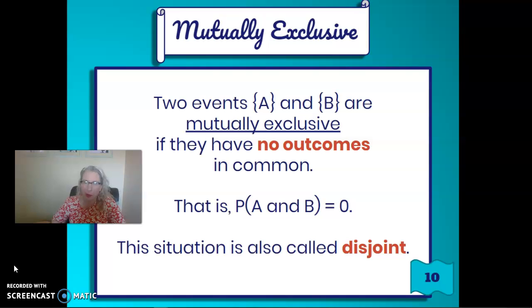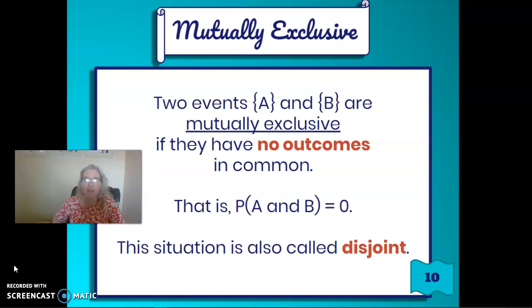I am not both sitting in my car and sitting at my desk. Those two things are mutually exclusive. That means they cannot exist at the same time, which means the probability of me sitting in my car and sitting at my desk at the same time is 0. There is no probability of that happening.